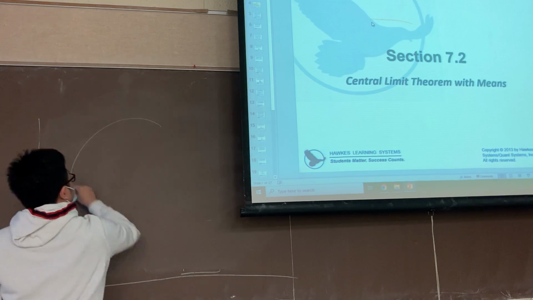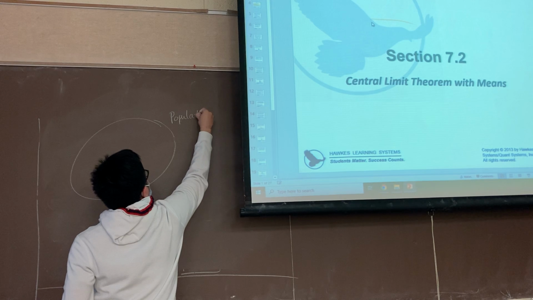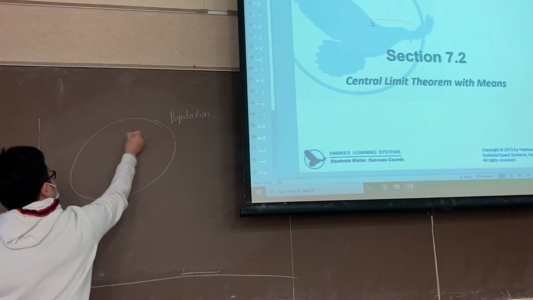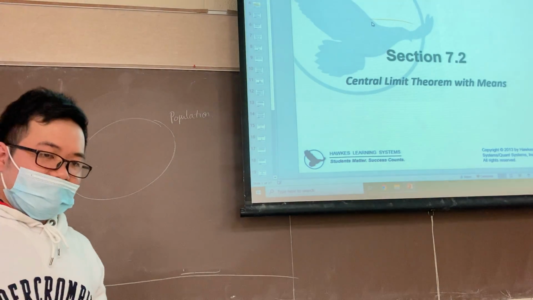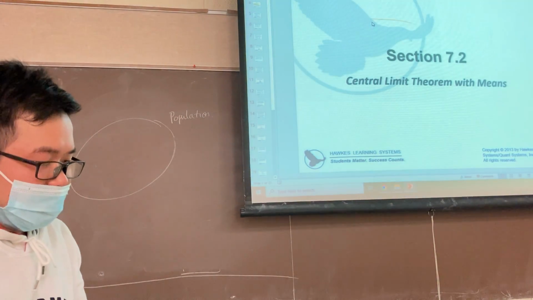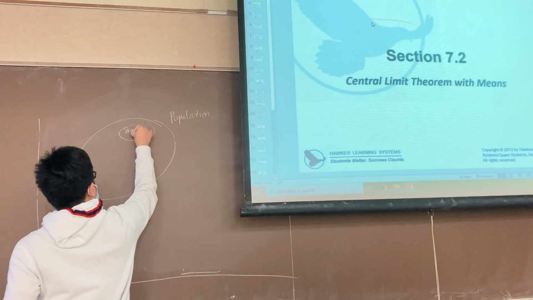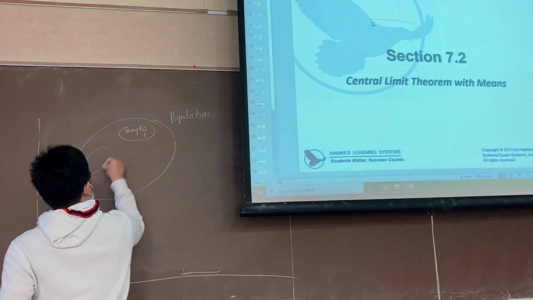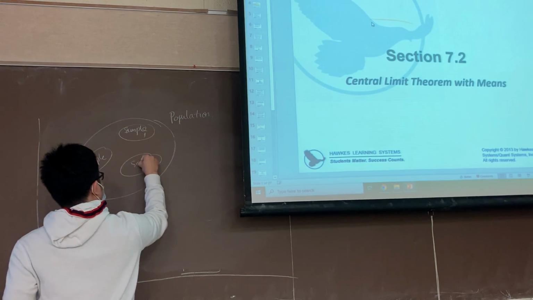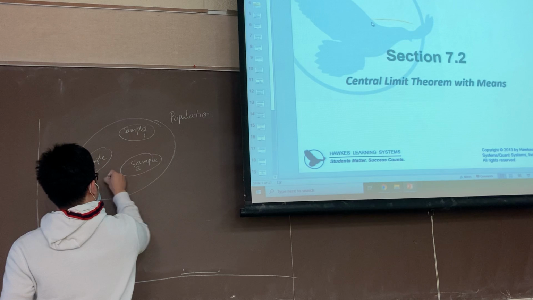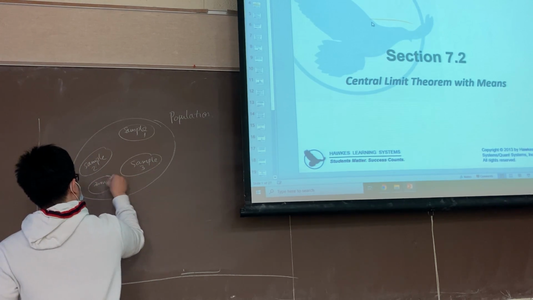I will draw a picture for this. We have a population and we have a sample. When we talk about a population, like students at West State University, we have a lot of samples: sample 1, sample 2, sample 3, and sample 4, something like this.